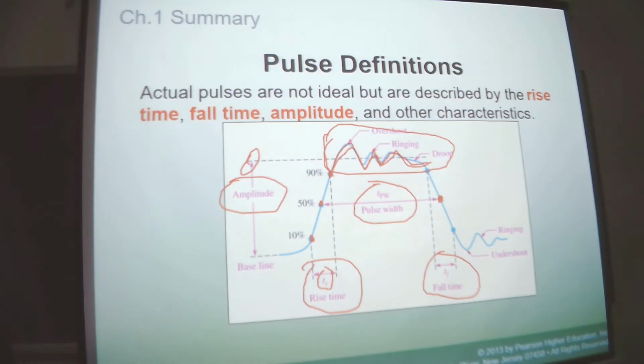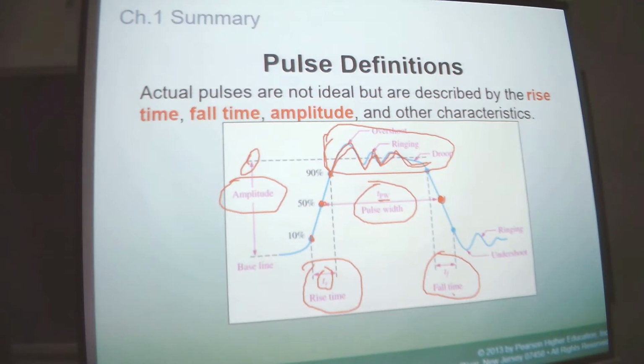So the time difference between these two points is called pulse-wise. This is a pulse, and the symbol is TPW.